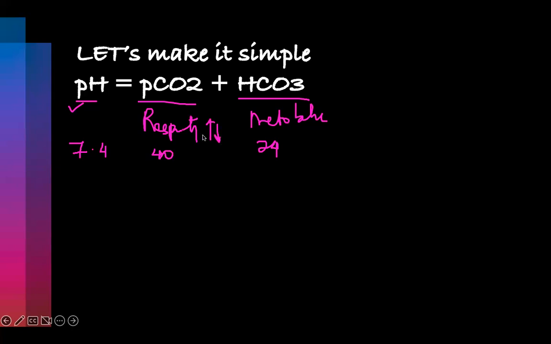It can be respiratory acidosis, alkalosis, or metabolic acidosis or alkalosis. Right now, just don't worry about them. Just worry that a change in bicarb makes it metabolic. A change in CO2 makes it respiratory. And so this and that join together to give you the pH. And then we are going to use it to answer our question.